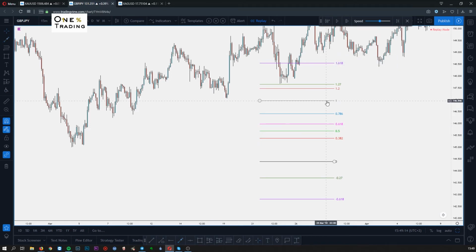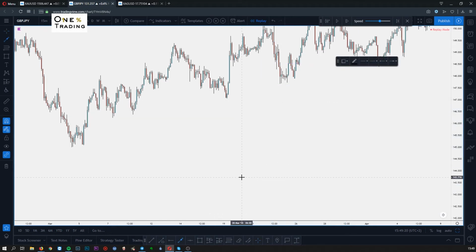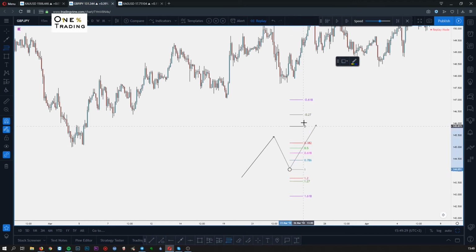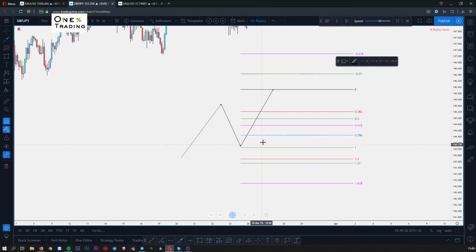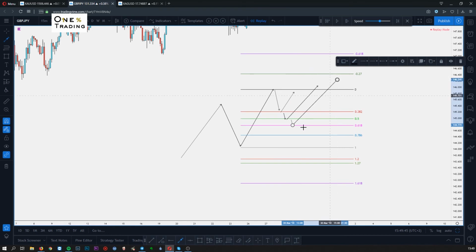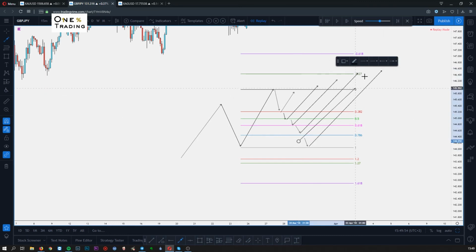So let's first draw our, let's say that we are in an uptrend, and we have our A and our B point, and now if the price comes here and goes up, maybe here and then goes up, maybe here and up, here, and let's not forget even from the middle of this section, because why not, right?